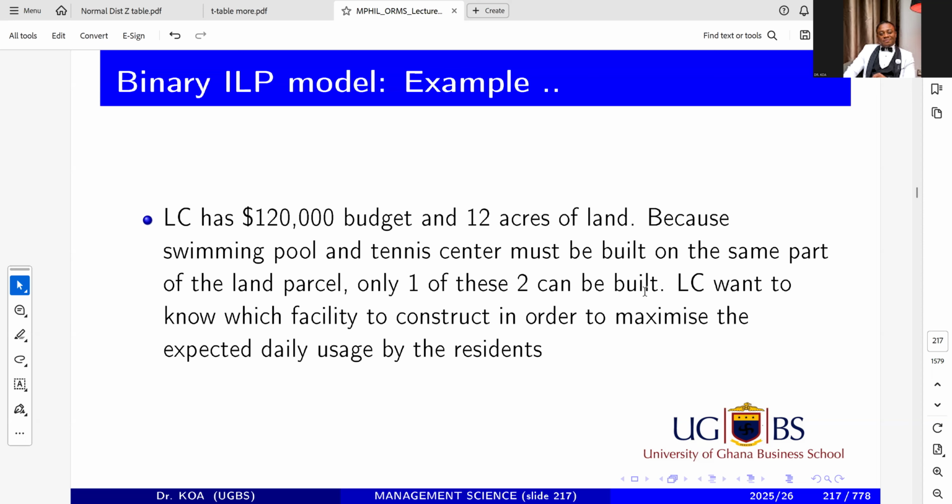Because the swimming pool and table tennis must be built on the same piece of land, only one can be built. Legon Council wants to know which facility to construct to maximize expected daily usage. Is it a minimization or a maximization problem?